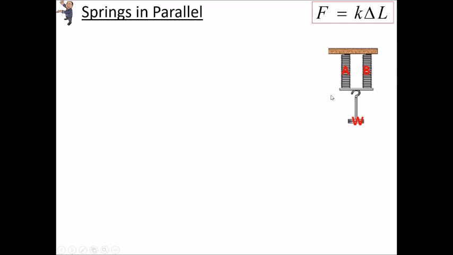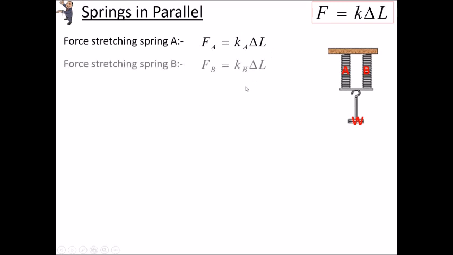So if we do it in parallel, we've got our weight here applied to two springs, A and B. We can say for spring A that the force on A is the spring constant of A times its extension, and the force on B the same. These delta L's must be the same for both springs, because we've pulled it down the same amount.